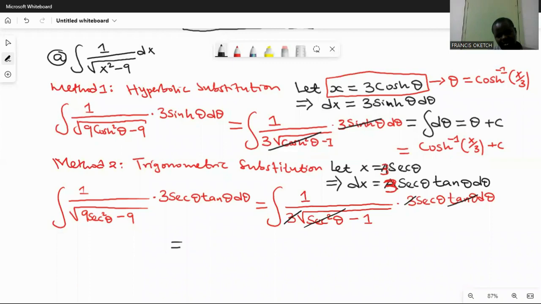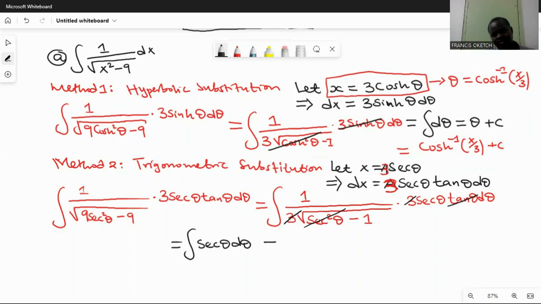We remain with the integral of sec theta d theta. And if you look at the techniques of integration, what did we get when you integrate sec theta?